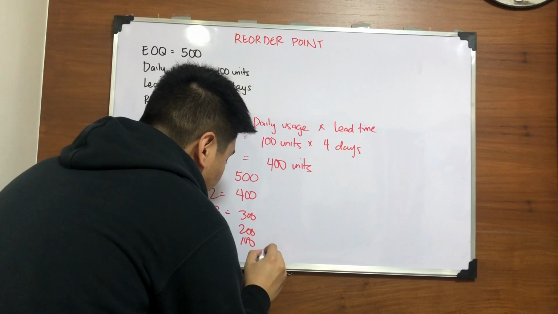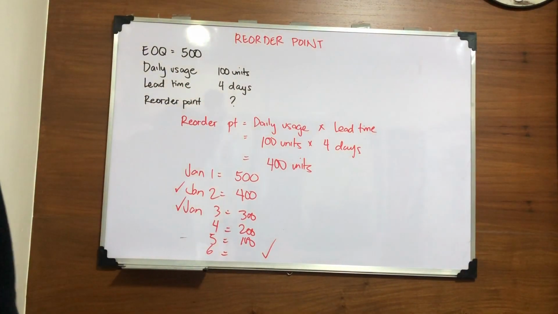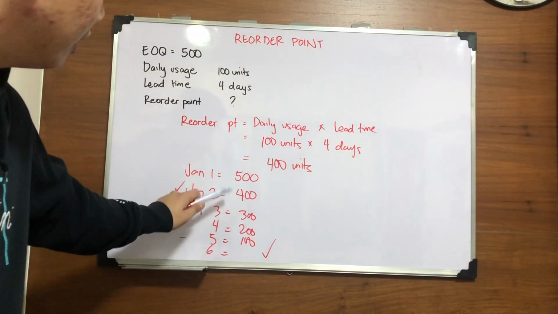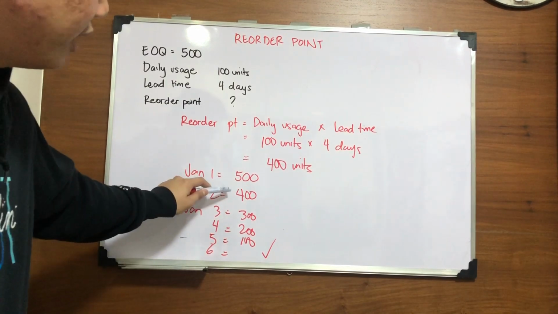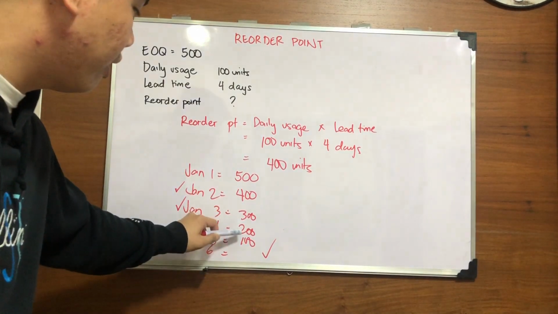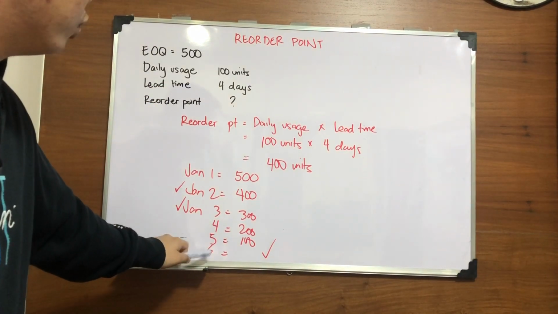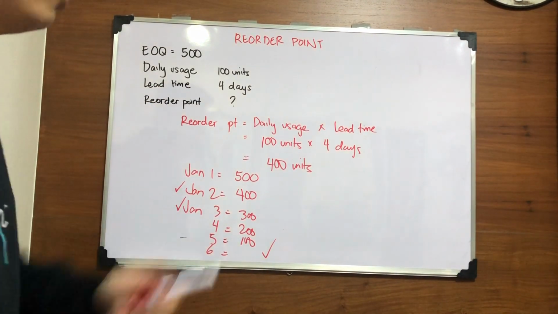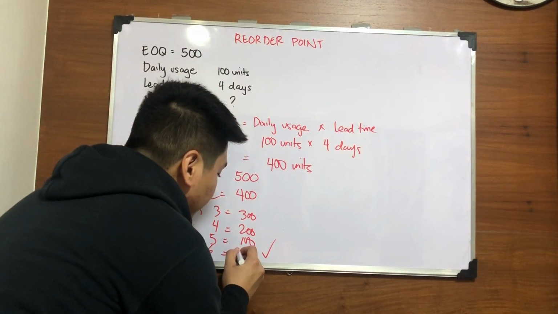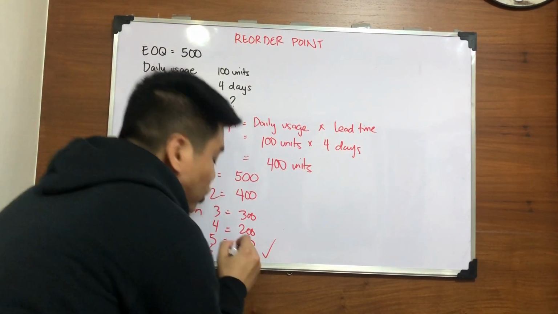for January 6. Right? Because if you call on this date, and then count 4 days, 1, 2, 3, 4, you would receive your order on January 6. So you will now be having again 500 units.